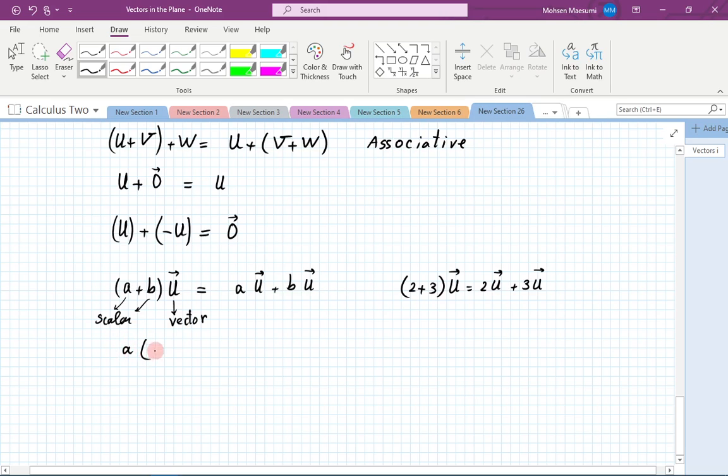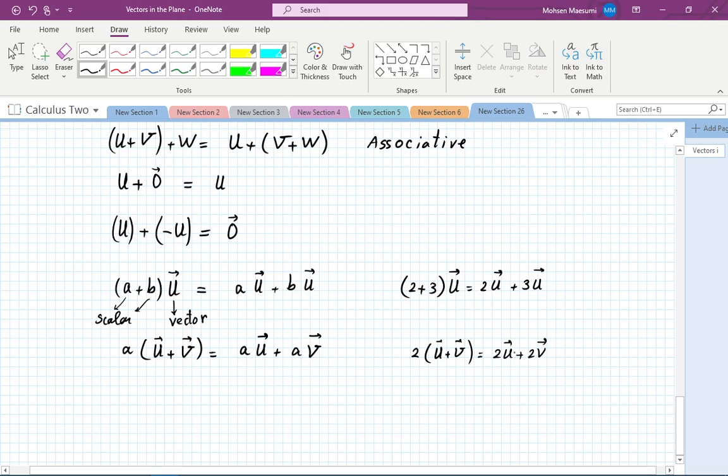If I have a times (u plus v), again, let me put the arrows on these so it's clear who's who, this is the same as a times u plus a times v. So what does this mean? If I'm doubling u plus v, it's the same as doubling u first and doubling v next, and then adding them up later on.